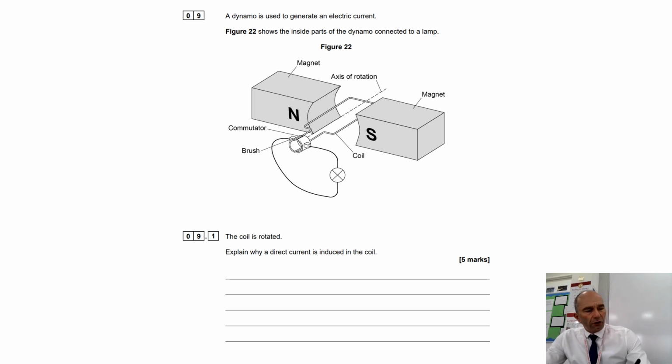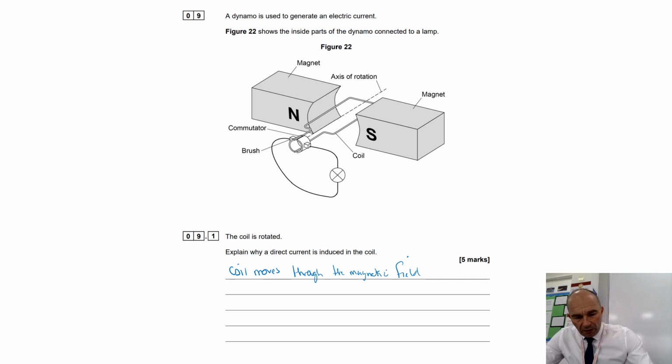Now, the coil moves through the magnetic field. So our coil wire moves through the magnetic field. Remember, movement of a coil of wire through a magnet is going to induce a current.